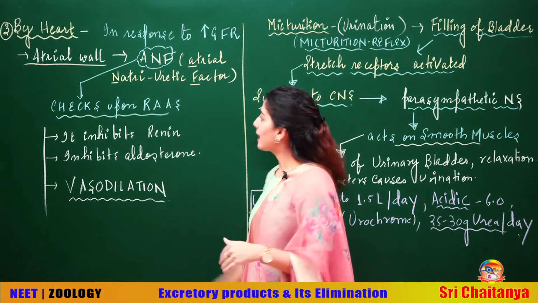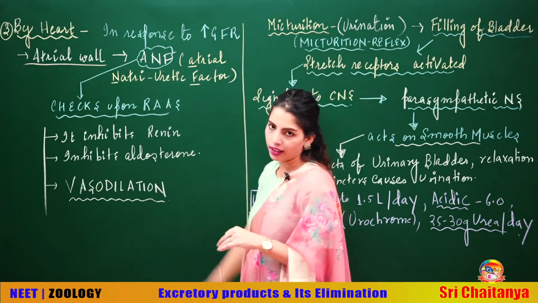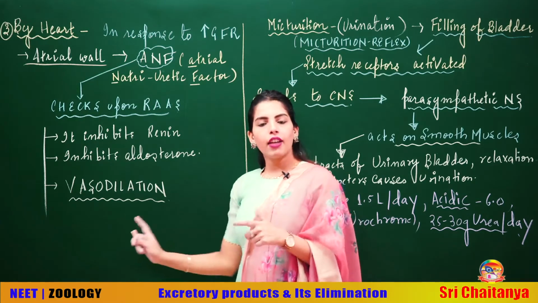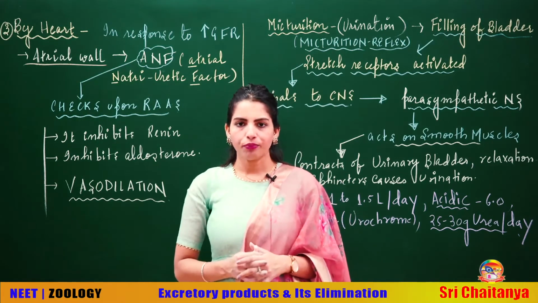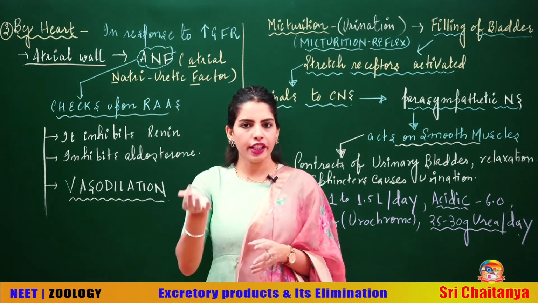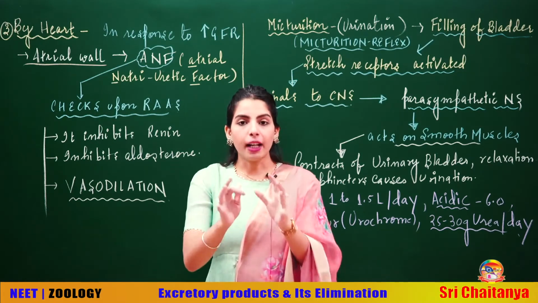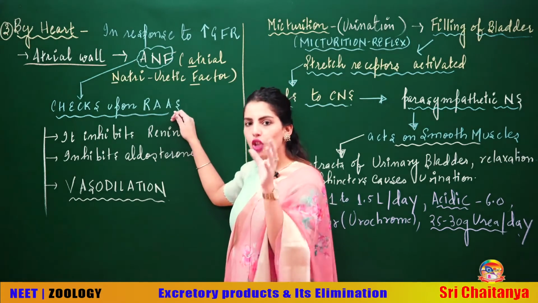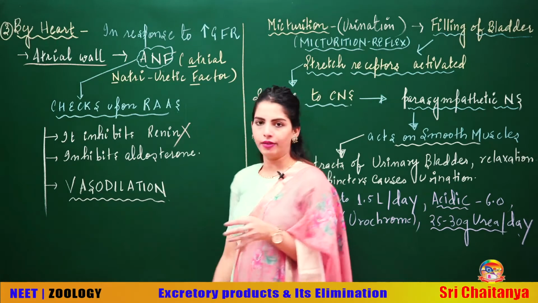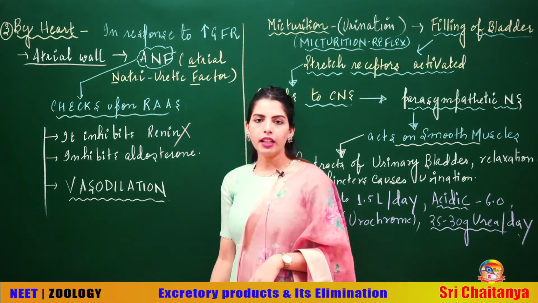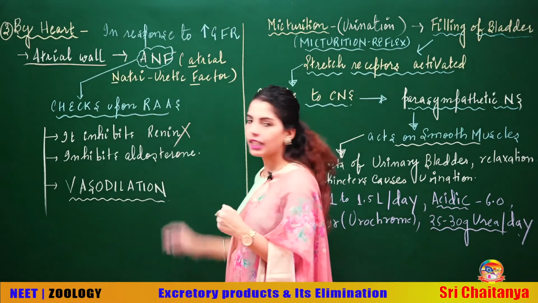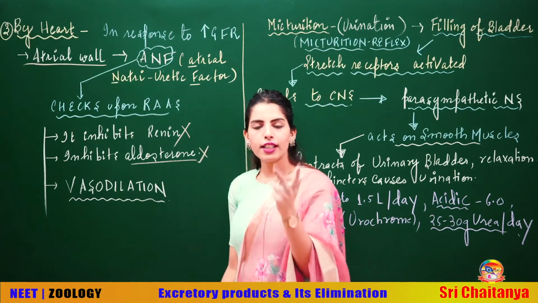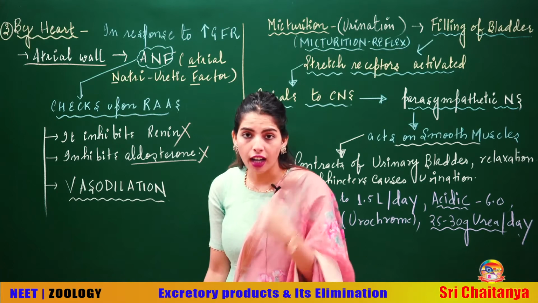Now I will tell you why it is called a natriuretic factor. The very first thing you will remember is that, of course, this ANF has to check upon the RAS. RAS was responsible for increasing the GFR, but you need to check upon the RAS because the GFR is already increased. How is it keeping a check over the RAS? It is inhibiting renin. It is not allowing the renin to be released. It is also inhibiting aldosterone because both were responsible for increasing the GFR.